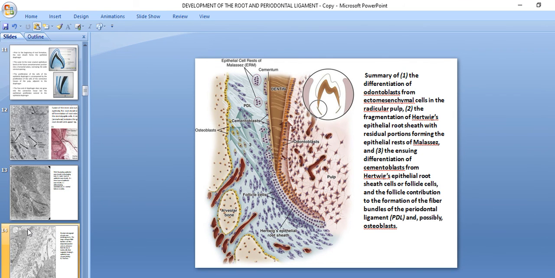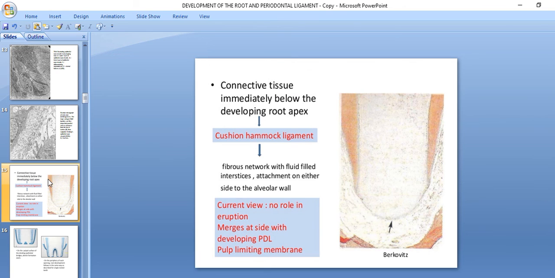Initially, it was called the cushion hammock ligament, and this connective tissue was described as a fibrous network with fluid-filled interstices, with attachment on either side to the alveolar wall. It was thought to provide a resistant base so that forces produced by the growing root were prevented from causing bone resorption and were resolved into an eruptive force.